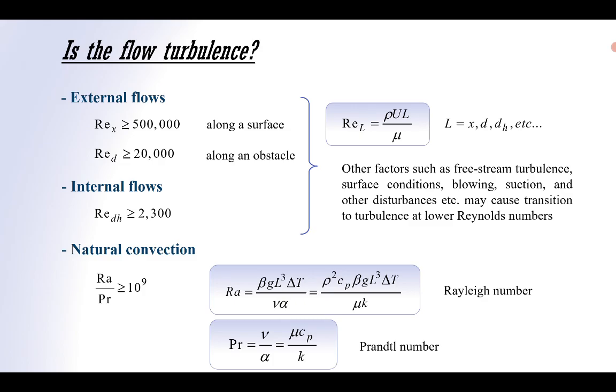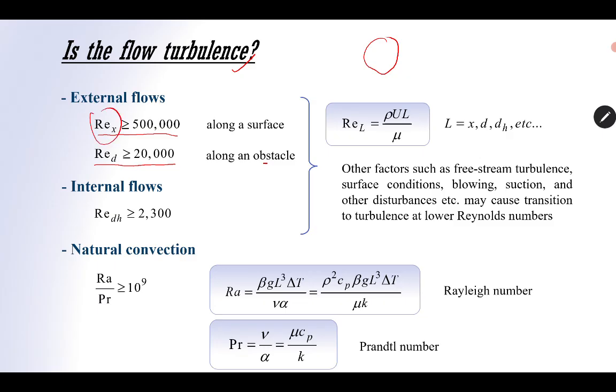A little bit of revision of turbulent flow. For external flow, we say that the flow is turbulent when the Reynolds number is more than 500,000 along the surface. For flow around an obstacle, let's say flow over a cylinder like this, when the Reynolds number is more than 20,000, we can say that the flow is turbulent.